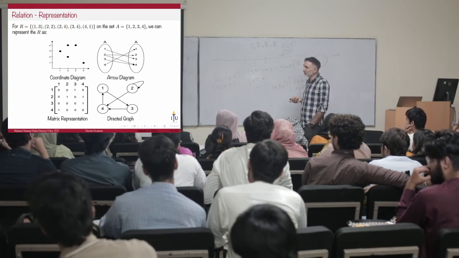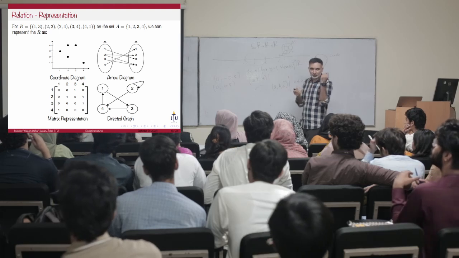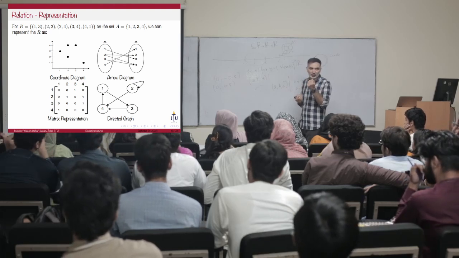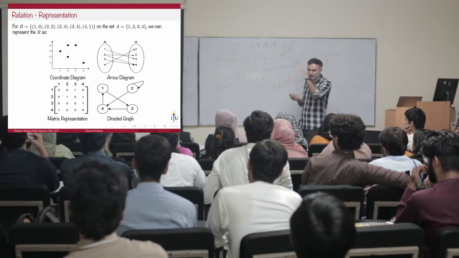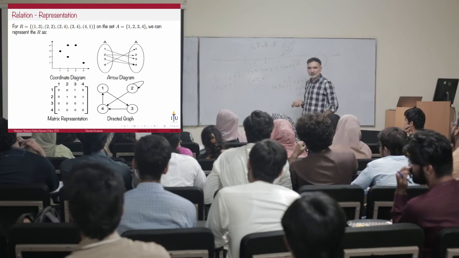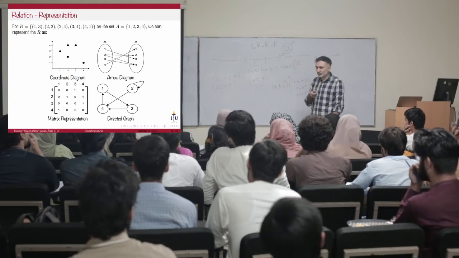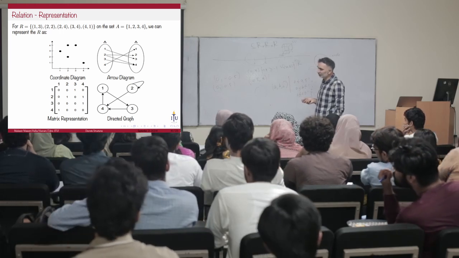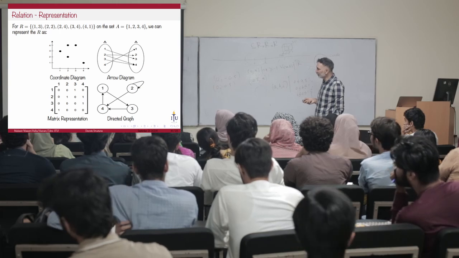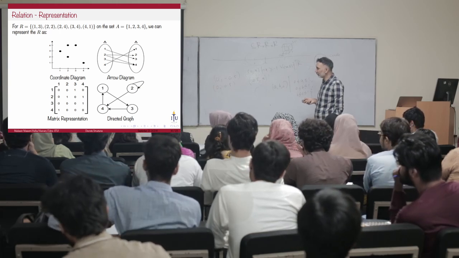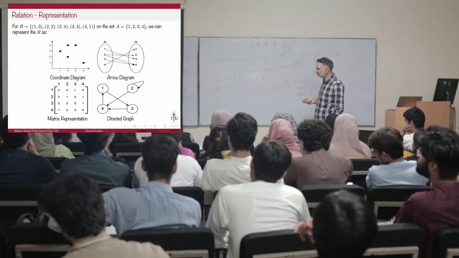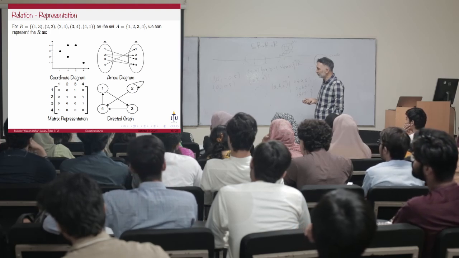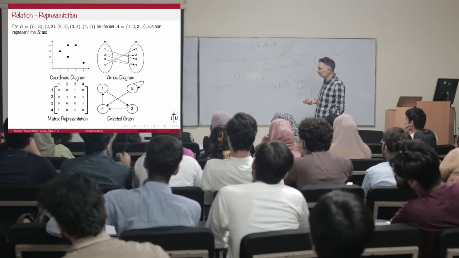That's important. Unless you want to switch, in which case you write at the start that you're representing the first set as columns or whatever you want. By default the first set goes in the rows. Then you would have 0 everywhere except wherever you have a pair. So this 1 means that you have a pair 1 3. It also means that you have pairs 2 2, 2 4, 3 4, and 4 1.